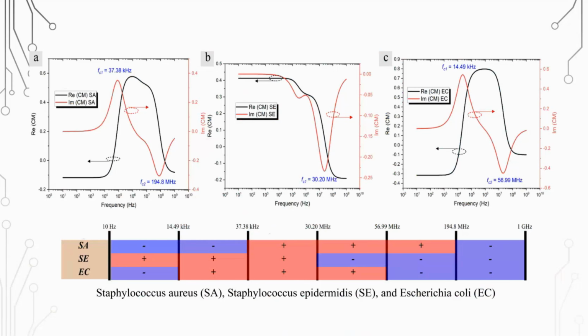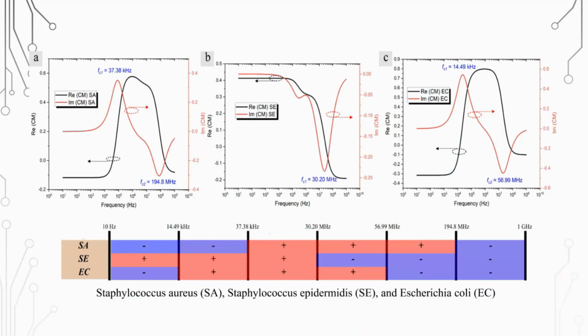Instead of being repelled from the electrode, it will be attracted. And for frequencies higher than 57 megahertz, the bacteria will again have negative DEP, which means it will be repelled again. Repelled, attracted, repelled, something like this.